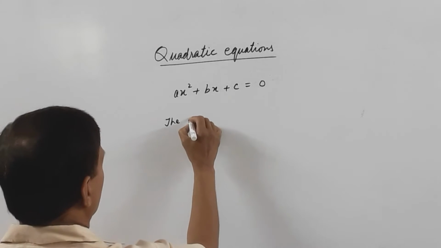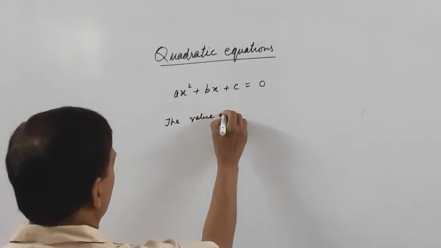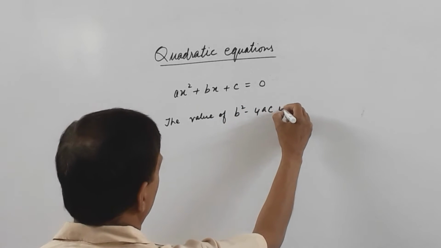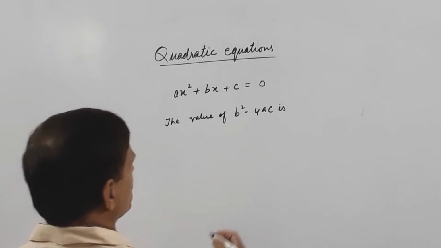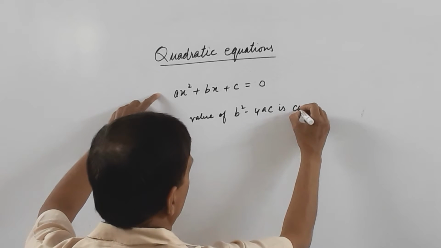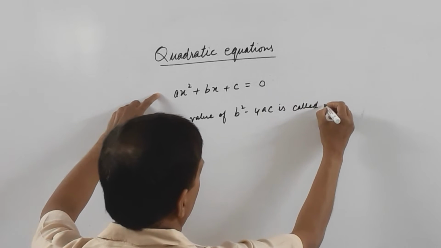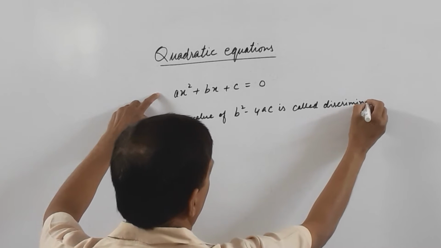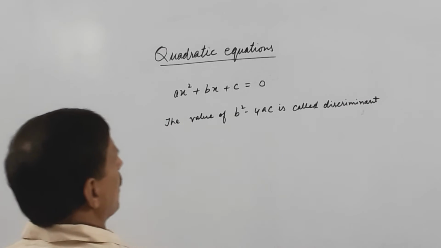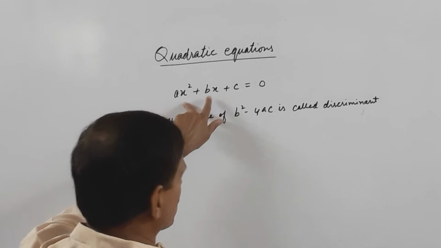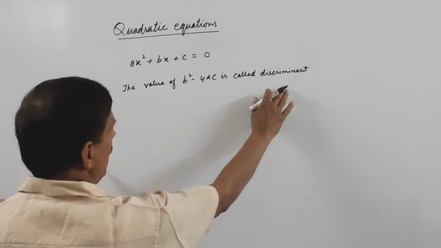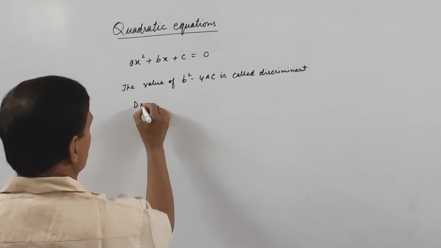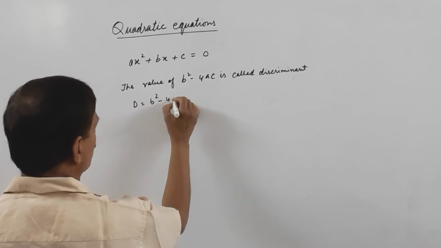Then the value of b square minus 4ac is called the discriminant for this quadratic equation, and it may be denoted by D. So D is equal to b square minus 4ac.